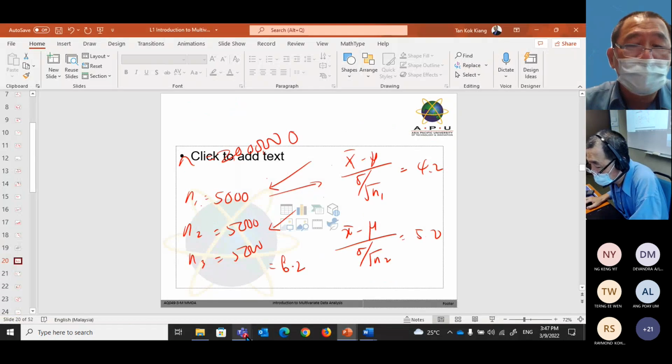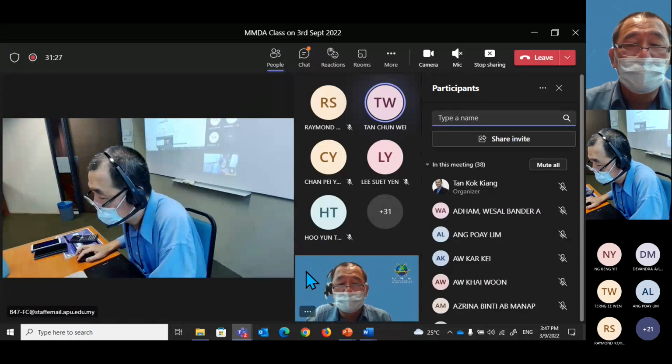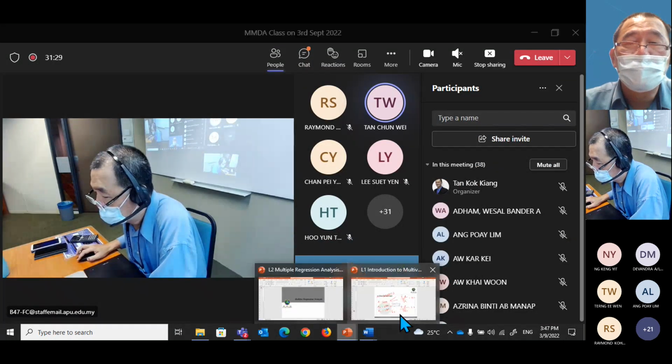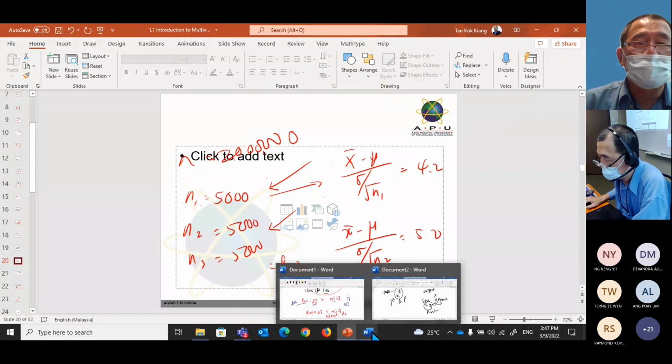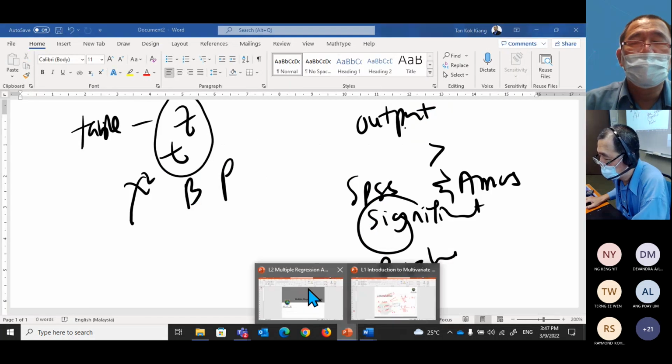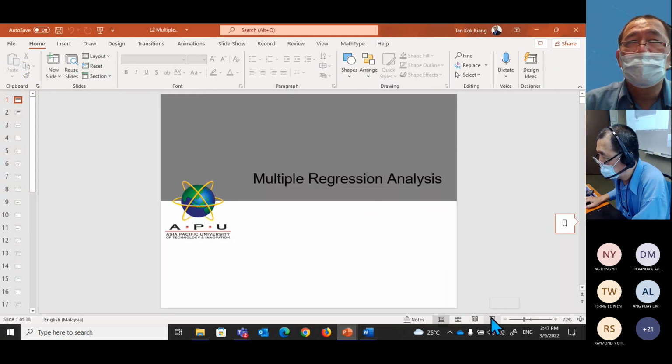Just to recap, a small effect means that even though the X bar is very close to the mean, like 3.2 to 3, that's why. But when the sample size is big, it's still very significant. Yes, correct.